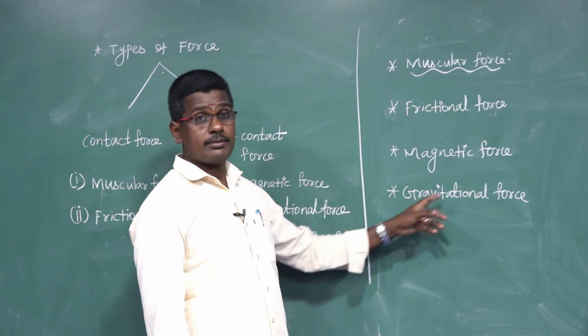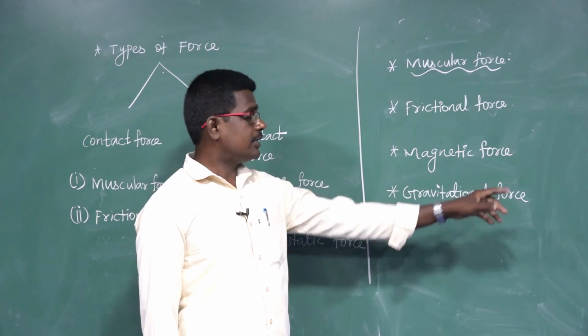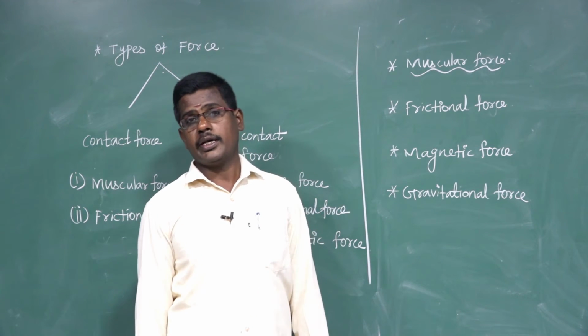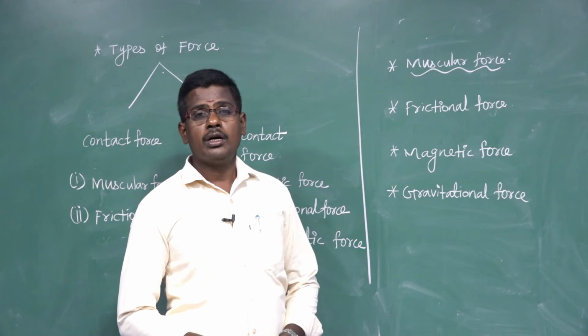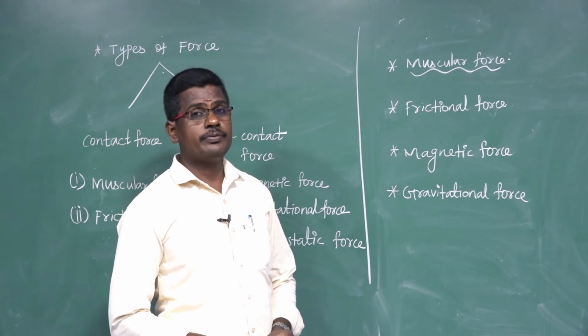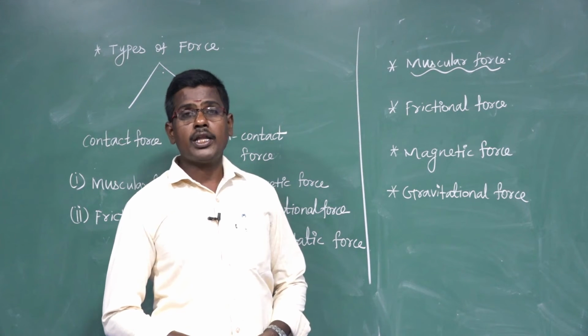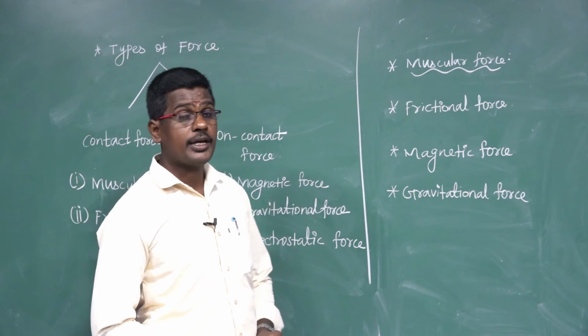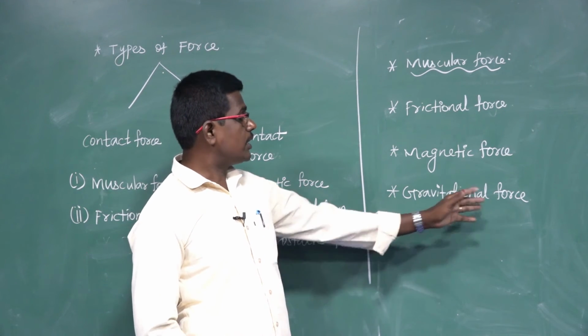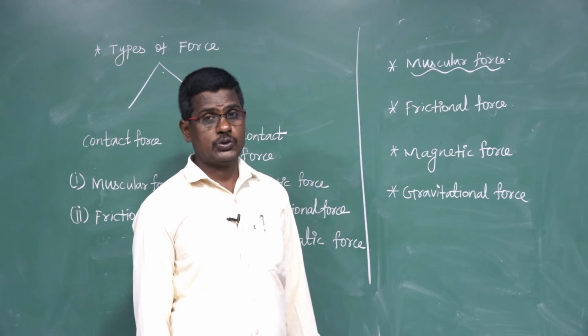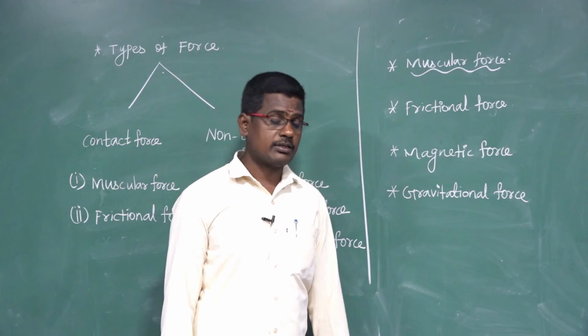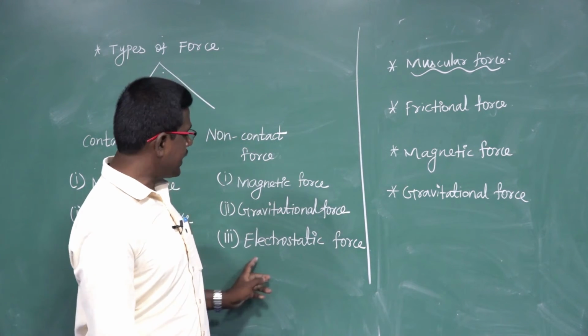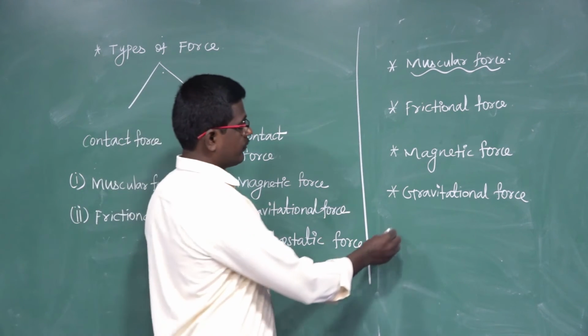Examples: a leaf falling, fruits falling from a tree. These are examples for gravitational force. Next, electrostatic force.